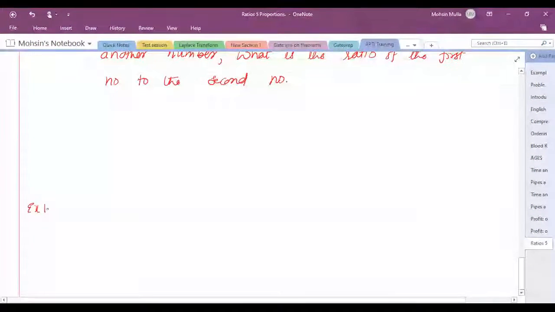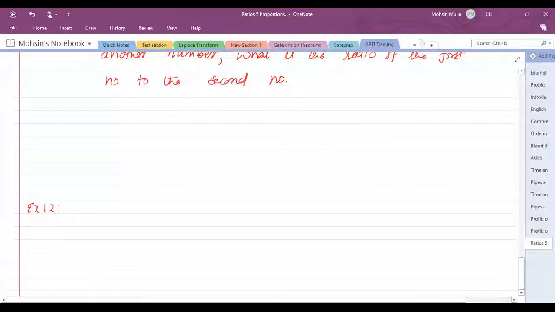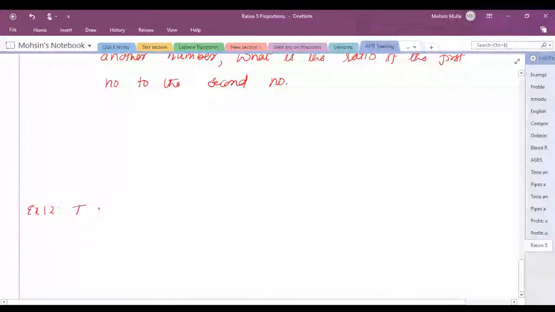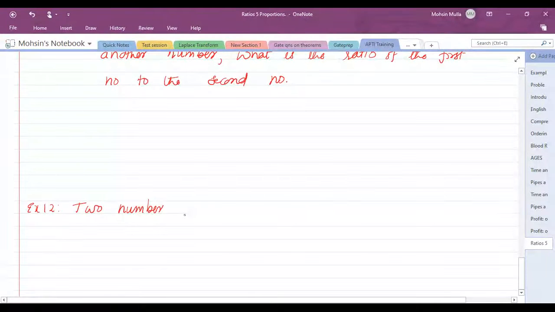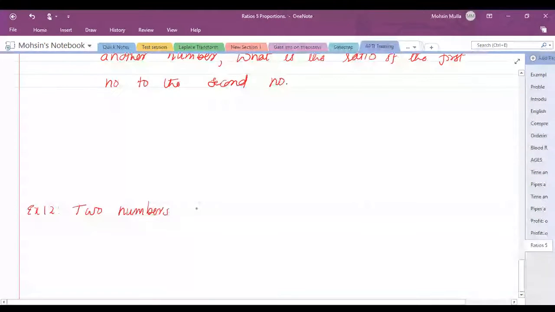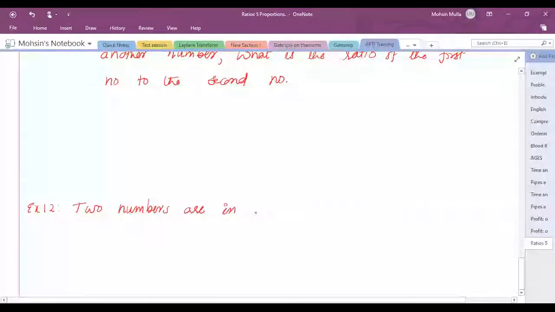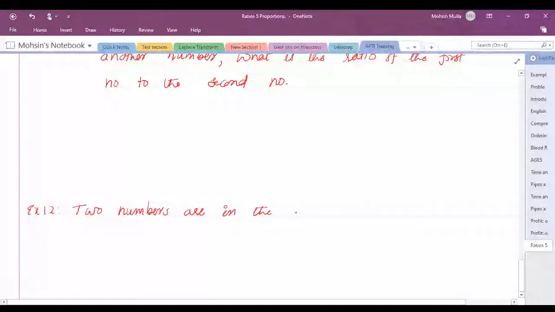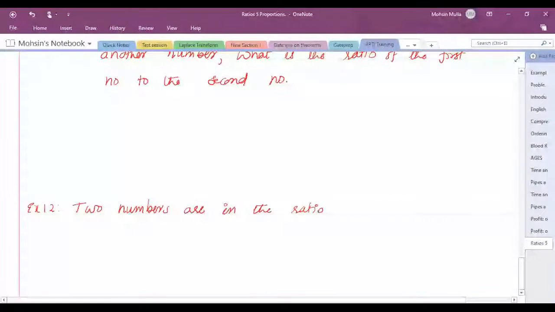Last example on ratios and proportion. Two numbers are in the ratio 3:5.